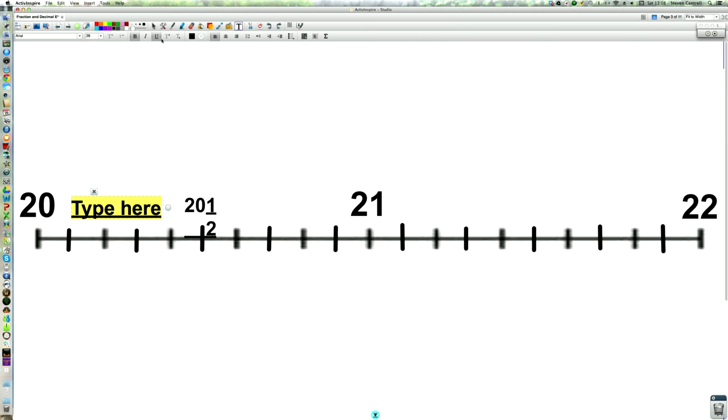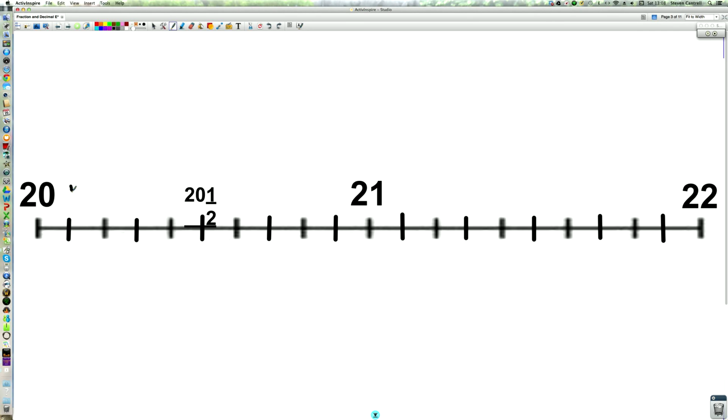This would be 1/10, 2/10, 3/10, 4/10. So what would this one be then? This would be 5/10, right? So what does that tell us? What is 5/10 equal to? Well, it's equal to 1/2.